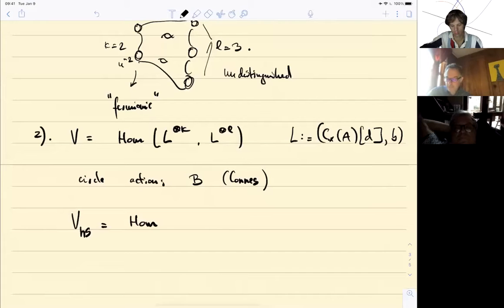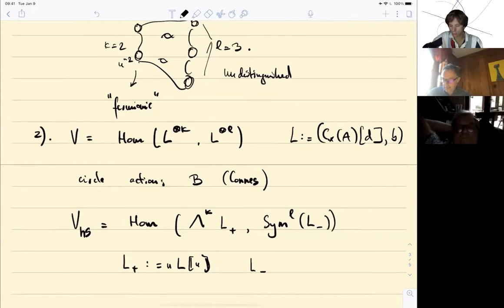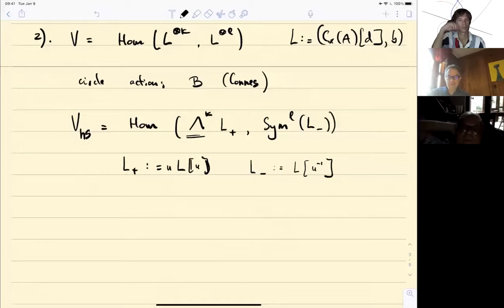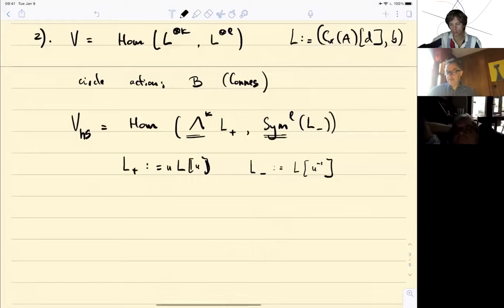Hom of exterior algebra wedge^K of L plus, Sym L of L minus, where here L plus means L adjoined U, formal power series, and L minus means L adjoined U inverse. So you can see here the wedge K. This comes from the alternating representation part. It's because I have taken invariants. And here I see the Sym L, where I've taken the trivial representation quotient.